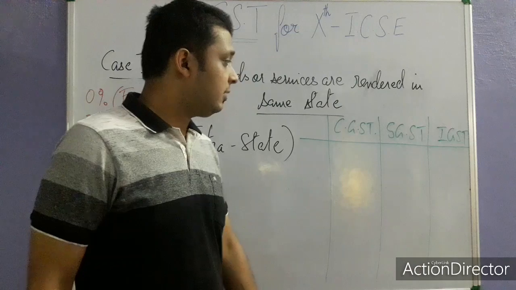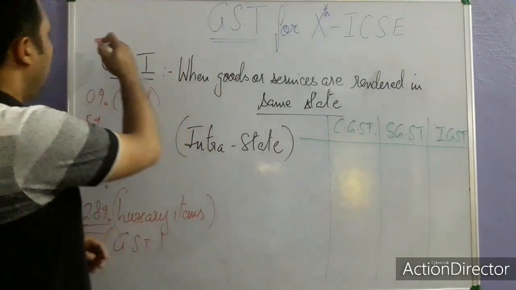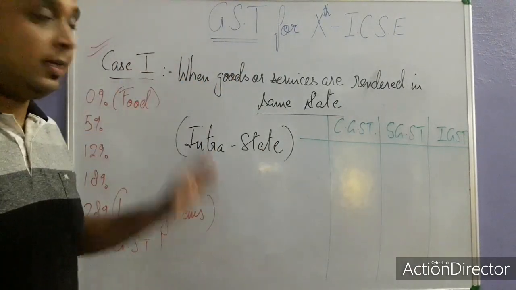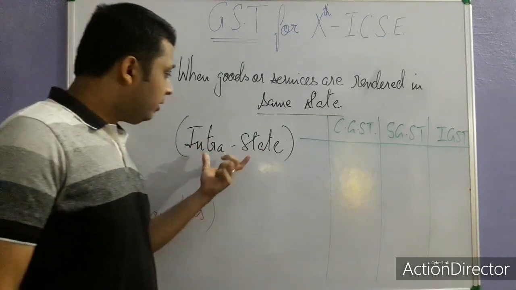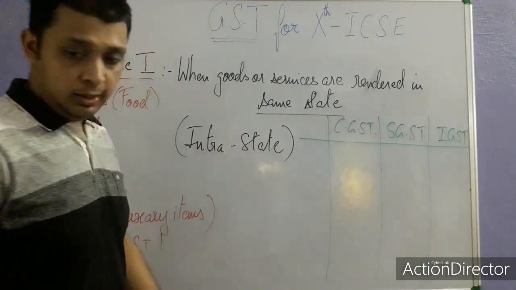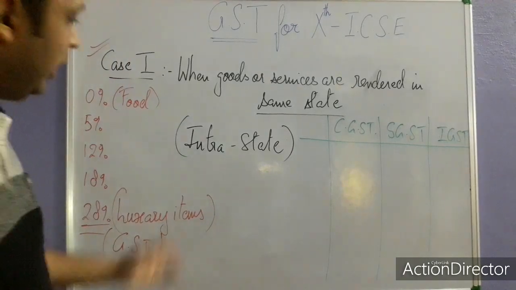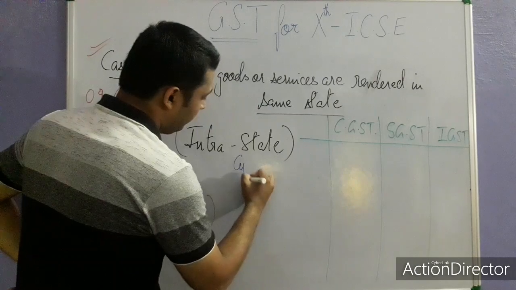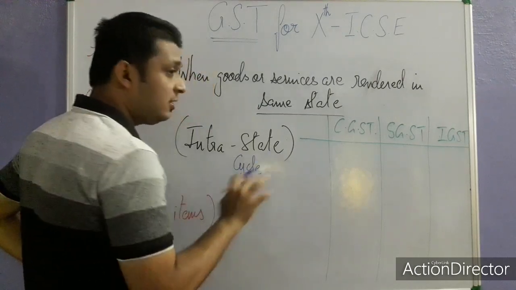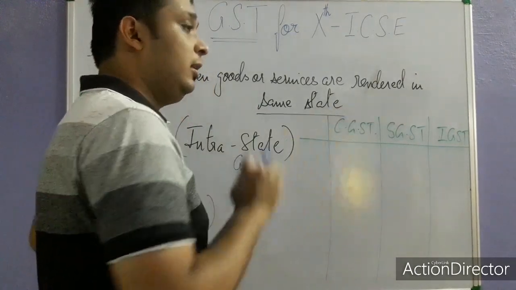Now let us come back to our original case, that is case 1. We were discussing this only, isn't it? So in the intrastate case, suppose that in a state a cycle is manufactured and sold in the same state.